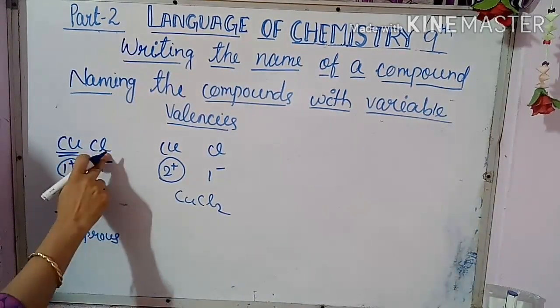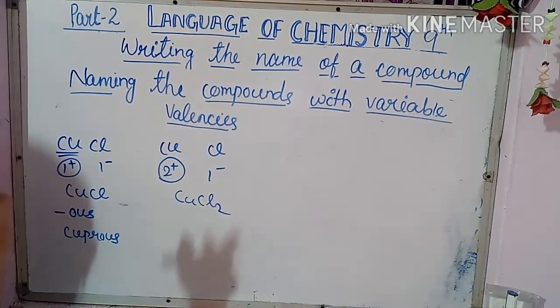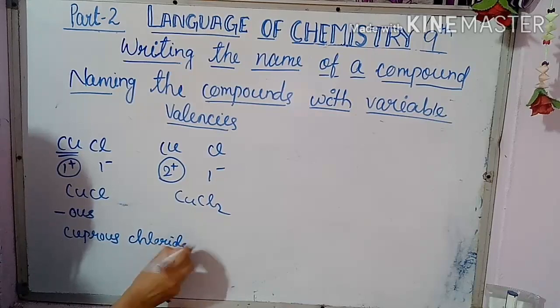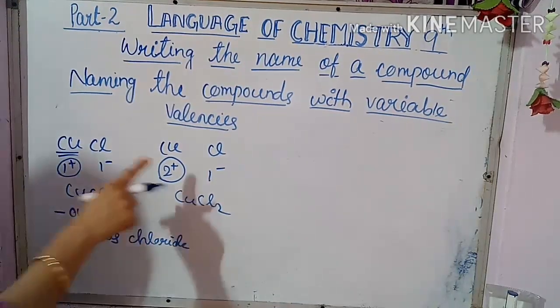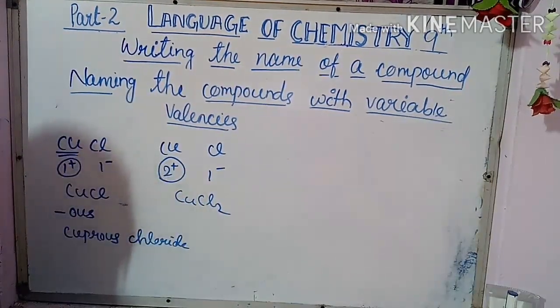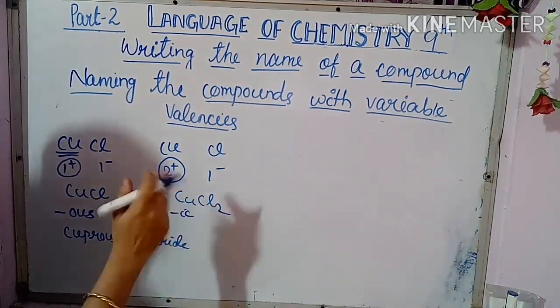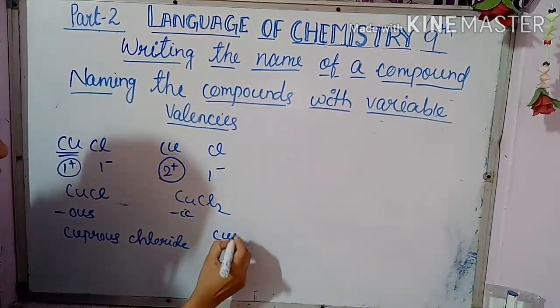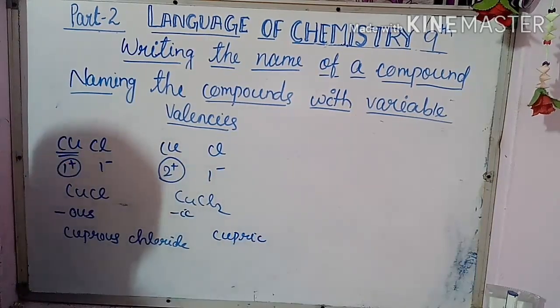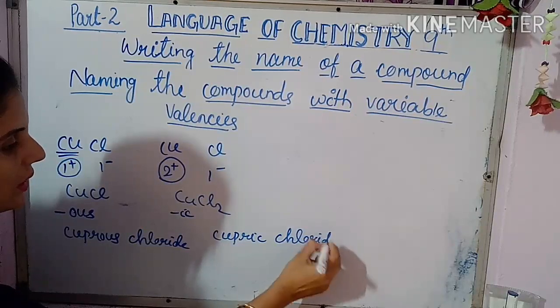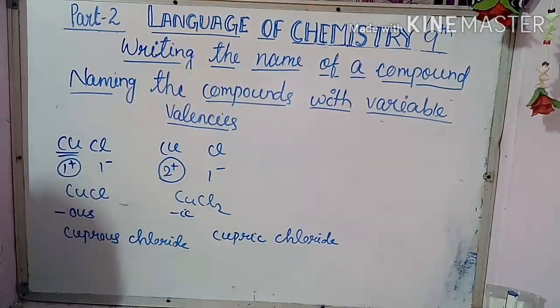As chlorine is a single atom, it takes IDE, so it is cuprous chloride. Here the higher valency is 2 plus, so it is followed by IC, cupric. Cupric chloride. So the name is cupric chloride.